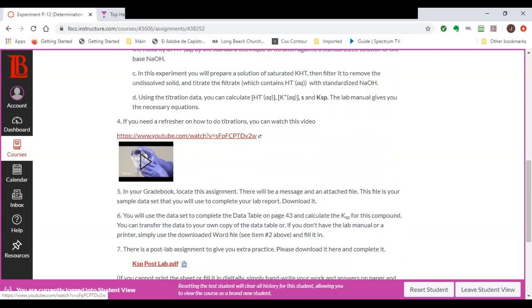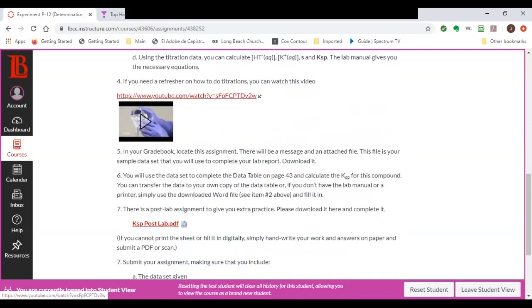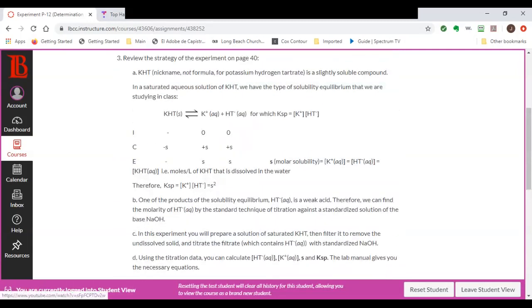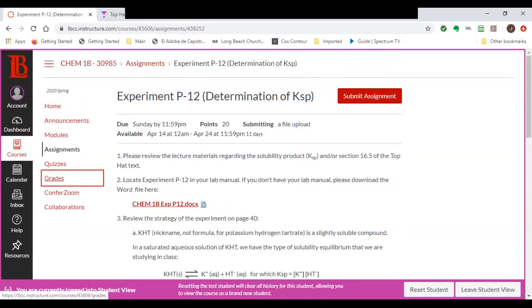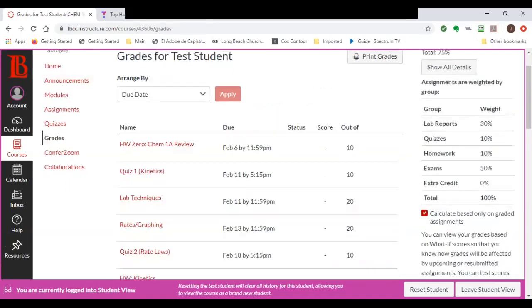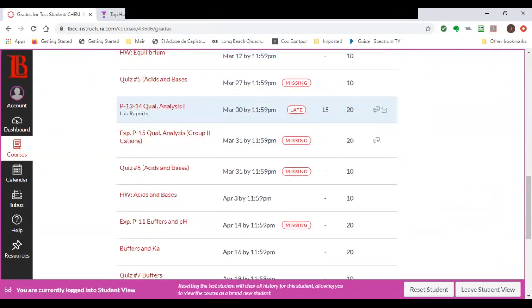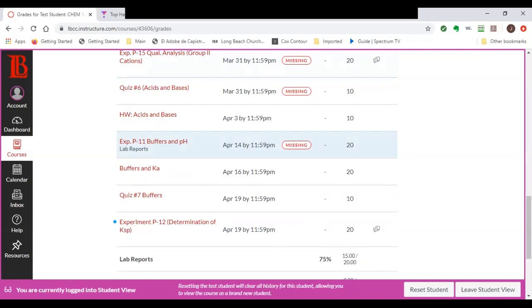I did put a video here in case you forgot how titrations are done. So you will be given a data set, and basically you will have to use your data set. For example, let me go here to the grades and locate that experiment, P12.